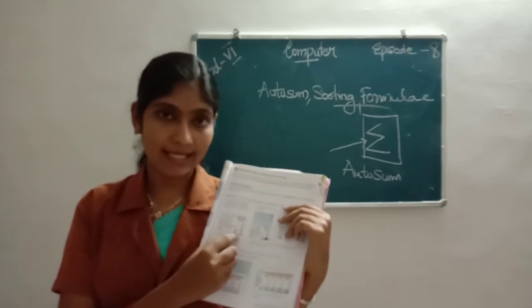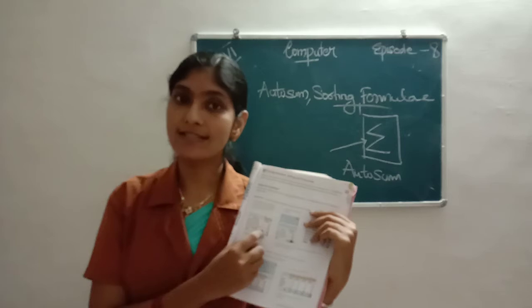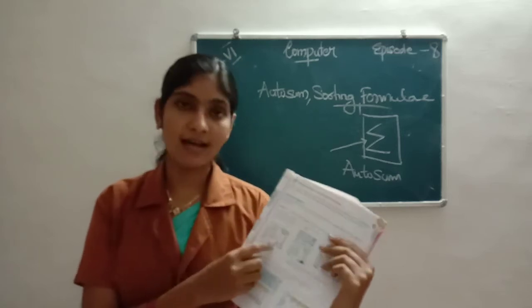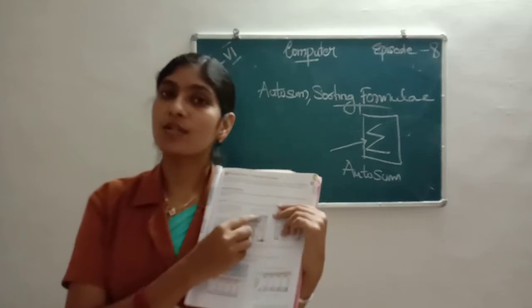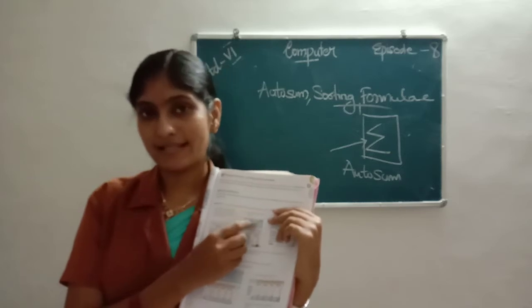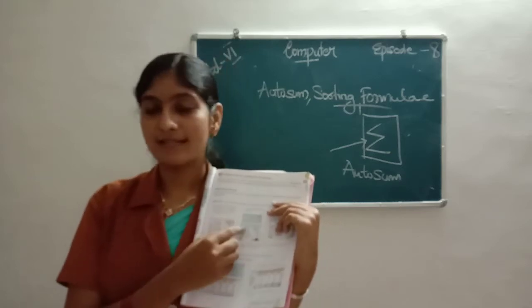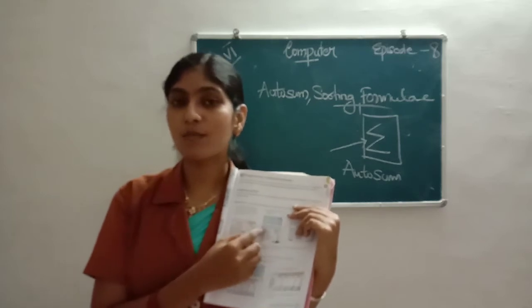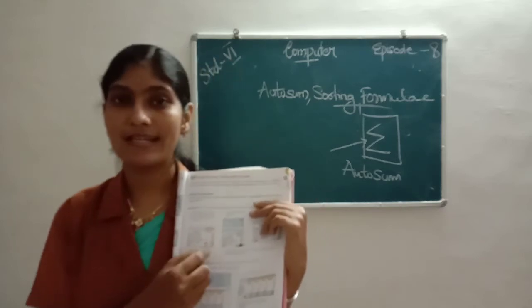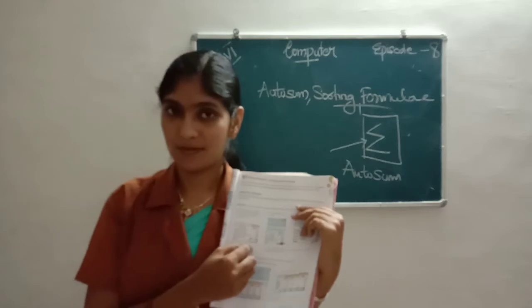Just click the cell below the data and then go to auto sum and click it. What will happen? The final result of all these numbers, the total sum, will be displayed in this cell, right?